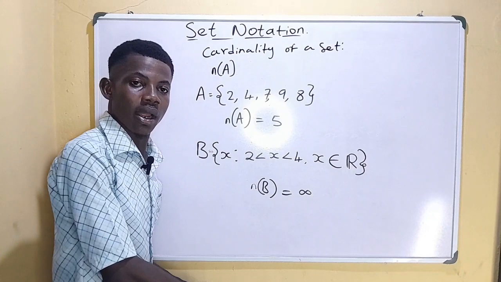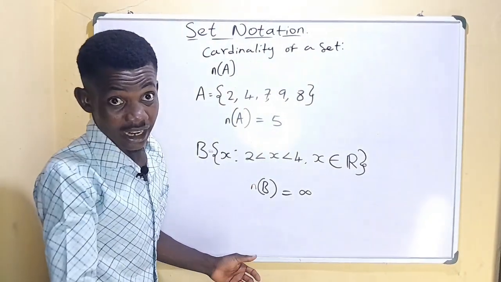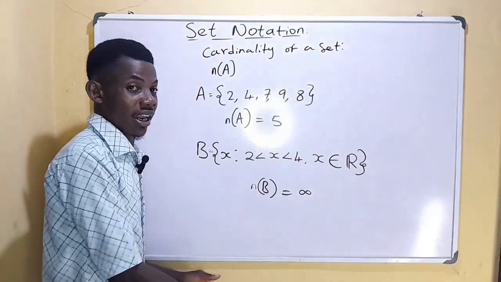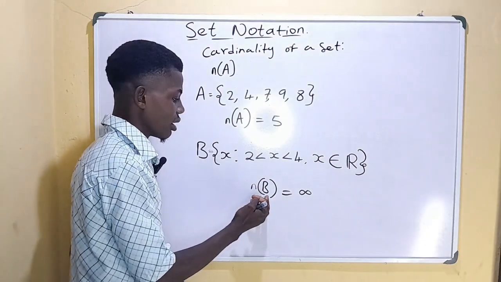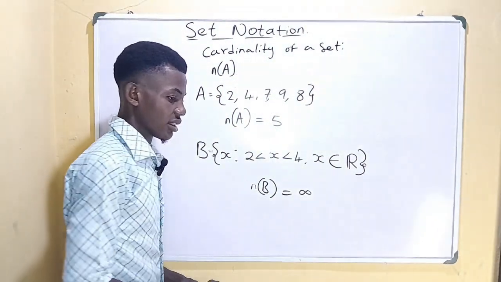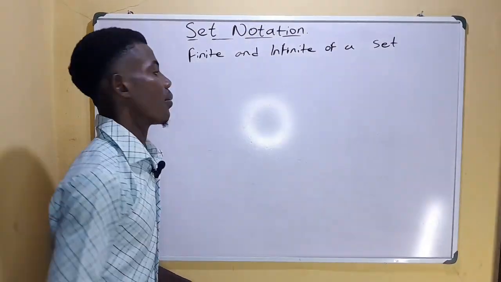You can have 2.1, 2.10, 2.100, 2.9999999, and you can never reach 3. So the cardinality of this set is infinity.